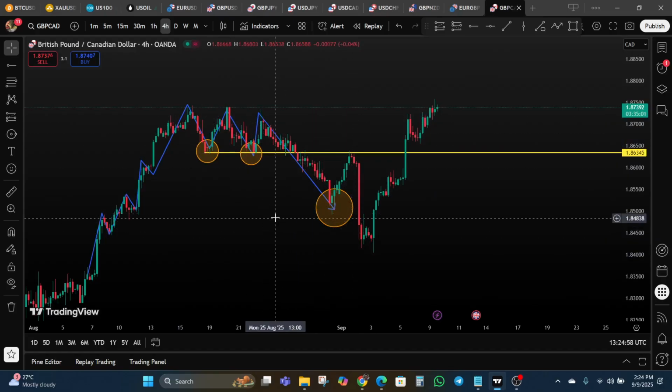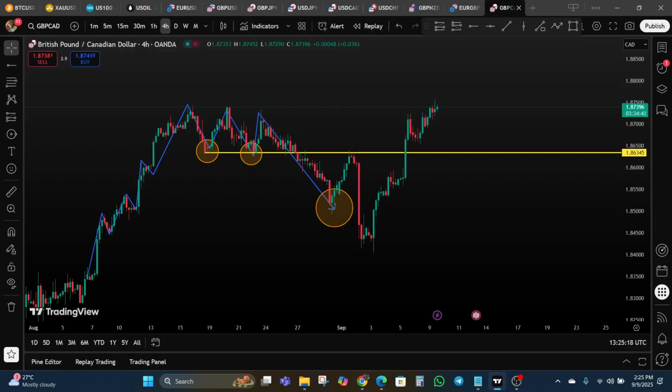So CHoCH is crucial because it shows where smart money, large institutional traders, are likely entering or exiting positions. Recognizing this gives traders insight into where momentum might change.